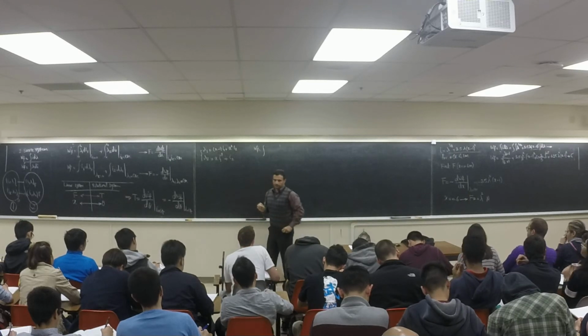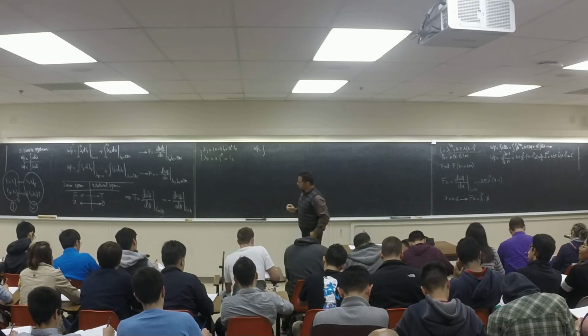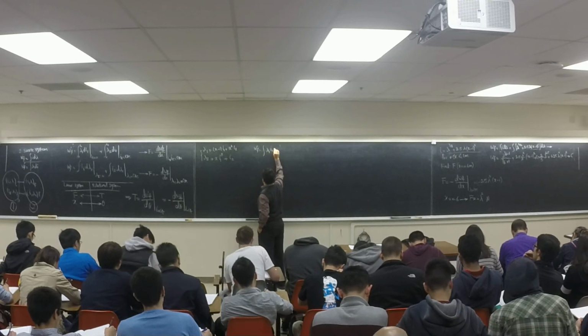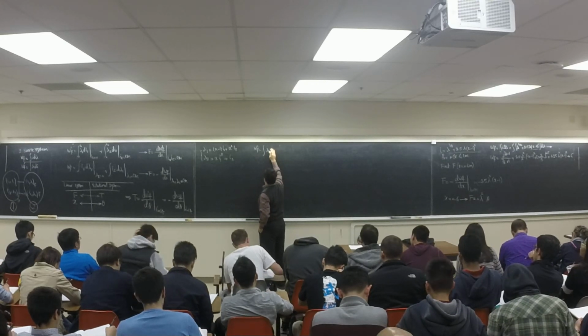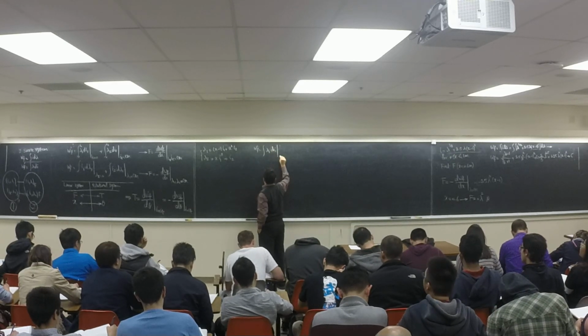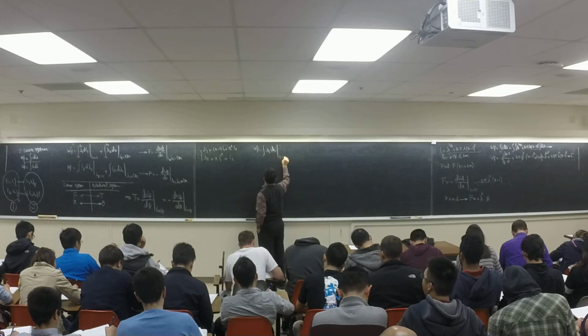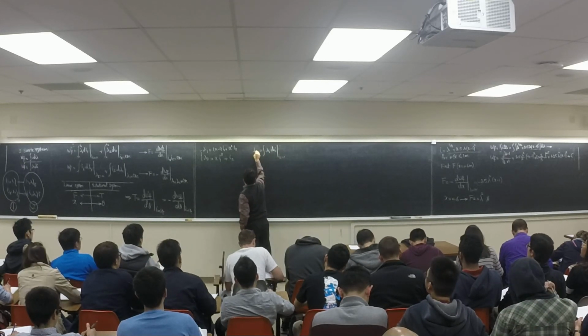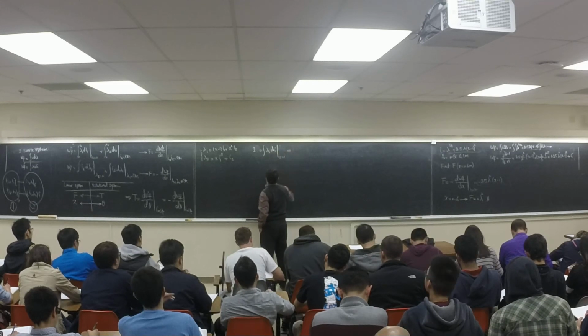It's the integral of I1 lambda 1 di1 when I2 is equal to 0. I'm going to calculate this one. Let's call it pi. So how much is this one?